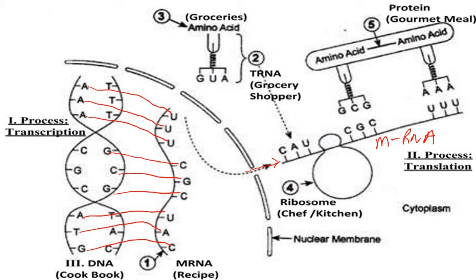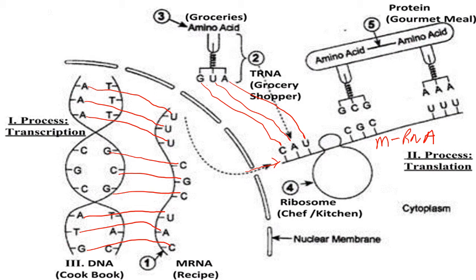Here we have the tRNA carrying the amino acids to the ribosome and lining up its anticodon with the codon. G bonding with C, U with A, A with U. Then the ribosome puts together all the amino acids to build a protein.